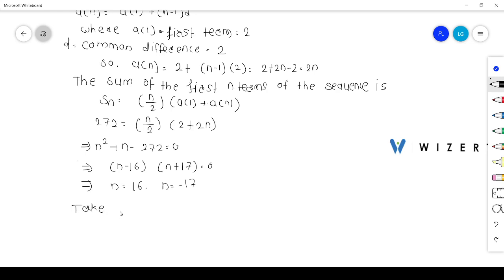Take the positive solution, that is, n equals 16. Hence, there are 16 layers. That is, our correct option is option D.